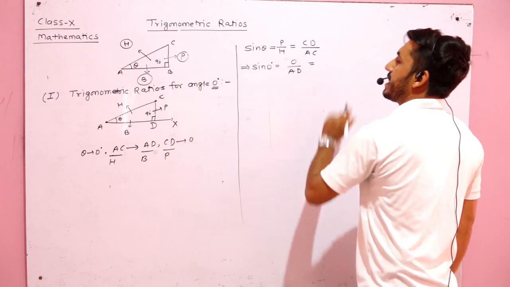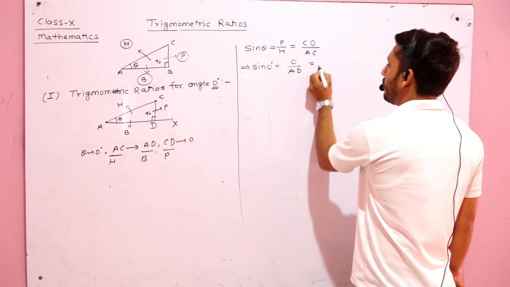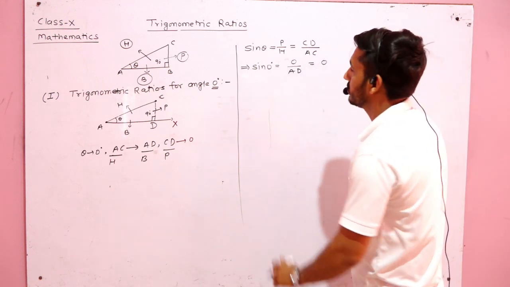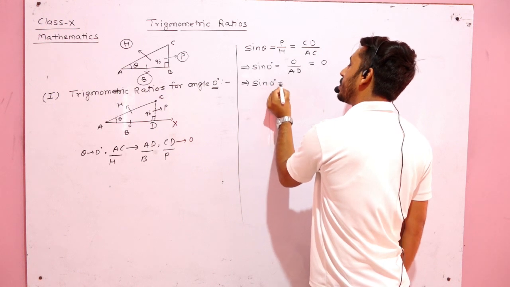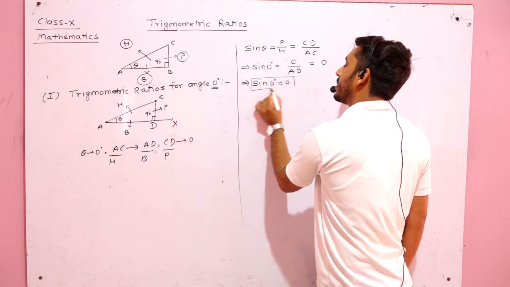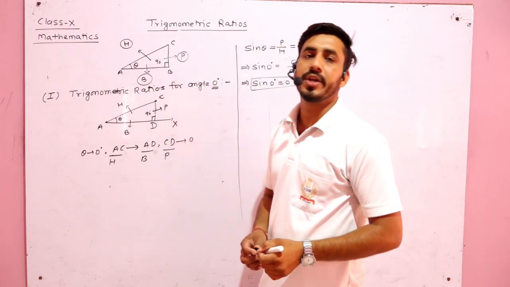If I divide 0 by any non-zero value, the result will be 0. Then I can see here sine 0 degree is equal to 0. This is the condition when I make theta equal to 0 degree.